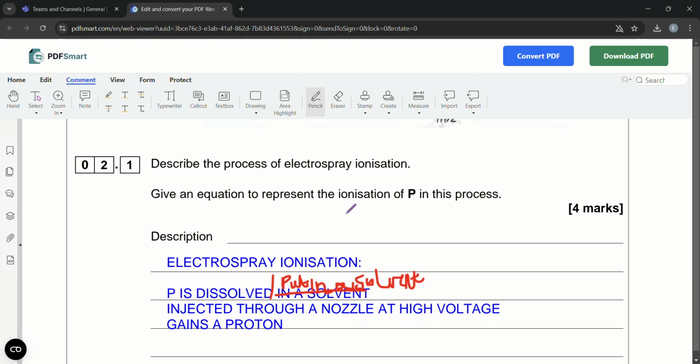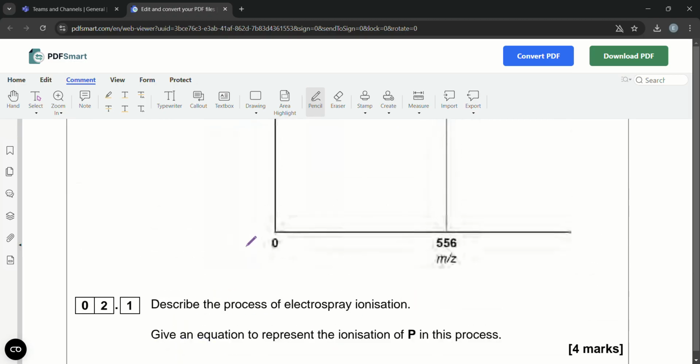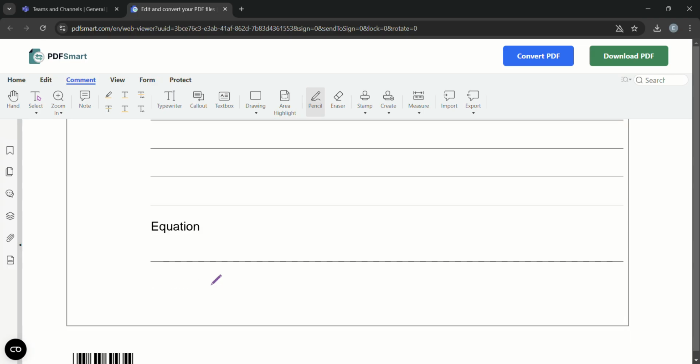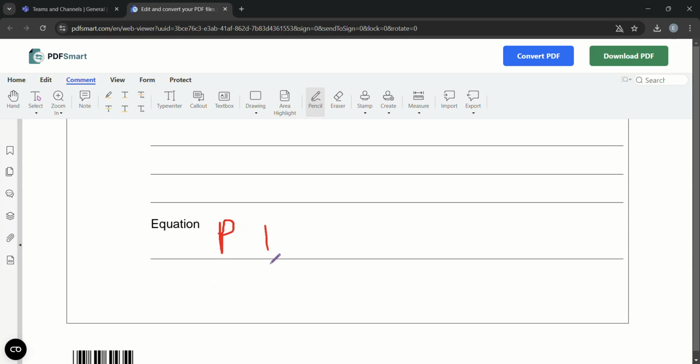And then give an equation to represent the ionization of P in this process. Well, it's going to gain a proton, so it's going to be P plus H+ gives PH+.